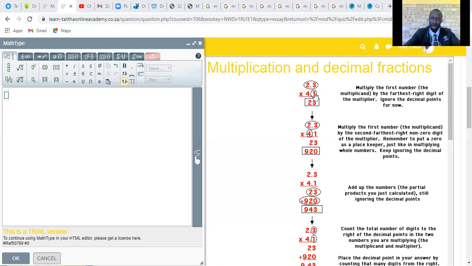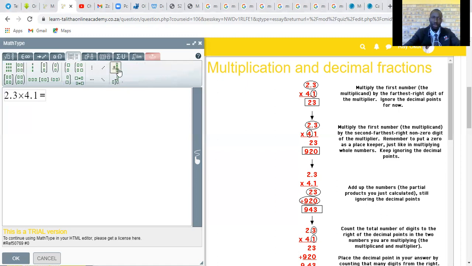So when we multiply 1 by 3, what we get is 3, okay? Now, remember that sometimes you have these multiplications written horizontally. You could have something like 2.3 being used to multiply 4.1. Now, if you have it written horizontally, the first thing you want to do is convert it to a vertical representation.